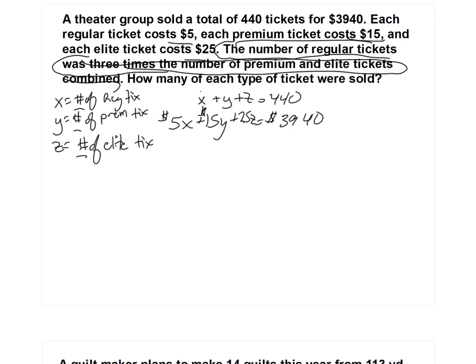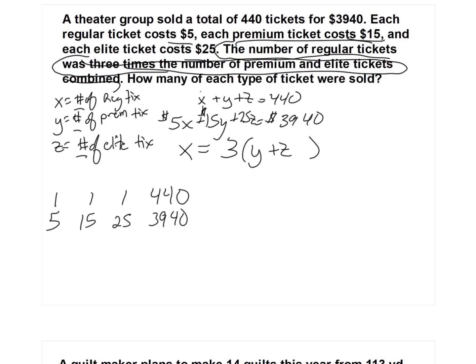Okay, and don't forget the word combined there. So what it says is the number of regular tickets, X, equals 3 times the other 2 types of tickets, premium and elite, combined. So my top equation, I'm good to go: 1, 1, 1, 440. My second equation, I'm still good to go: 5, 15, and 25, 3,940.